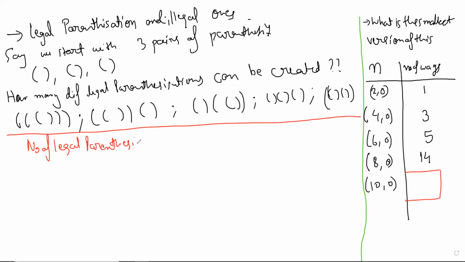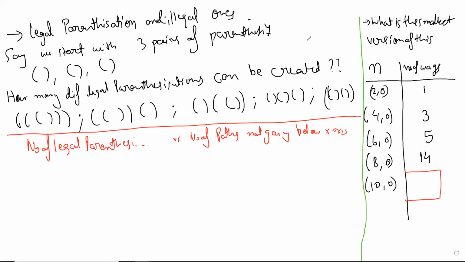We want to see the connection. Parenthesization versus number of paths not going below. We want to understand the comparison between these.